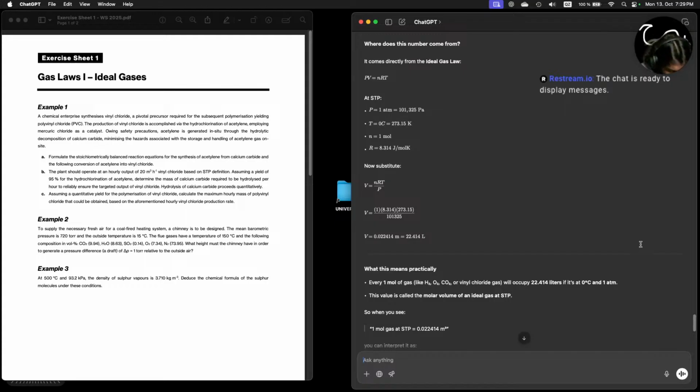Molar volume of ideal gas is 2.24 times 10 raised to minus 2 cubic meters per mole.